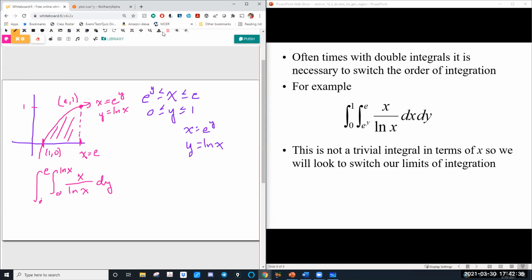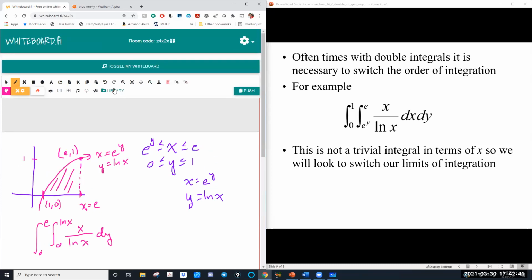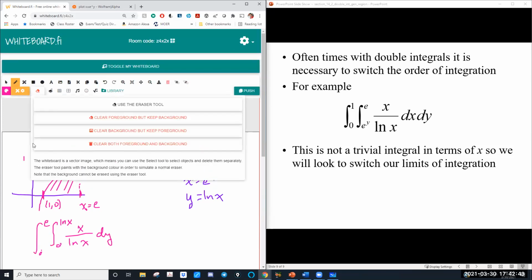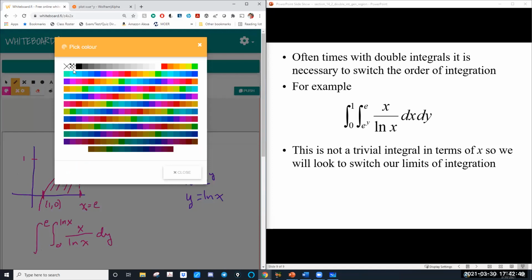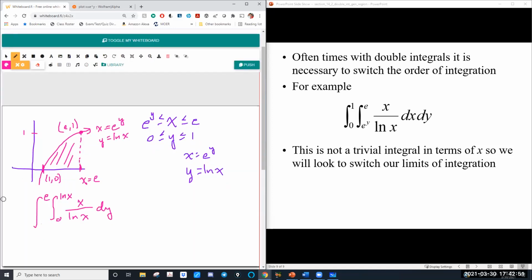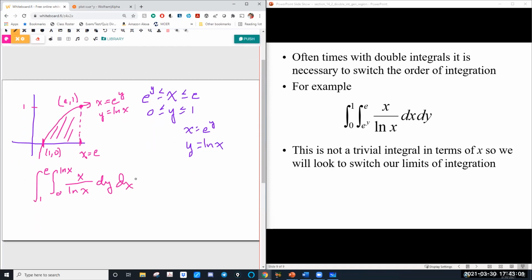Let me clean that up a little. So our lower limit is going to be 1. And that's our dx.